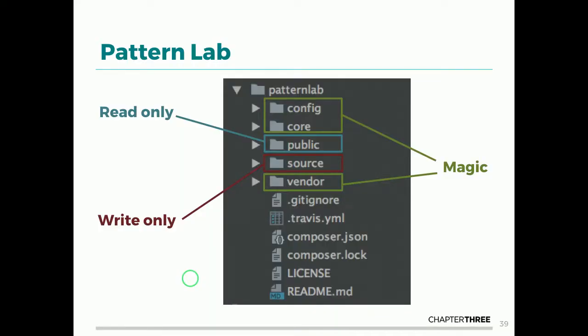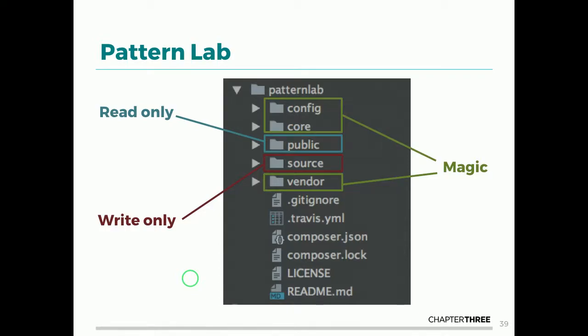Okay, so how does Pattern Lab work with Drupal? Well, this is just Pattern Lab on its own. For anyone who hasn't looked at the code, however you get it, whether you pull it from Git or from Composer, you're going to end up with a folder called Pattern Lab in the root, although one of the contrib projects renames it.